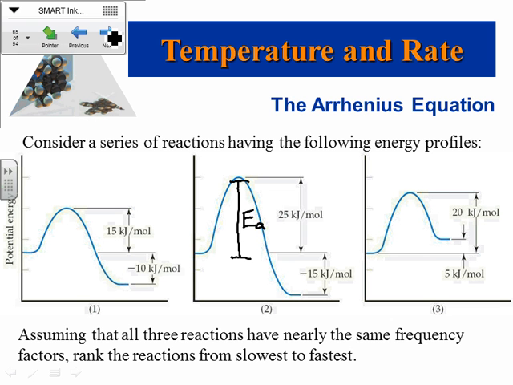I'm having trouble reading this graph right now, but I think the one on the right is saying it's 20 kilojoules per mole from here to here. I could be wrong about that. I may be misreading it; it's a little bit weird the way they wrote it. But if that's 20 and this one's 15, then this would be the slowest right here, this would be the middle, and this would be the fastest. It all just has to do with the activation energy.